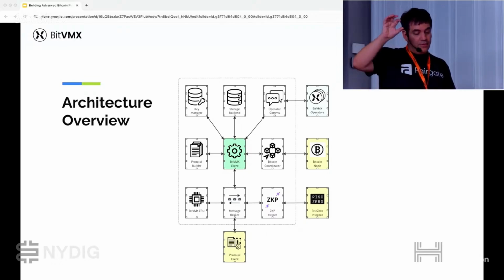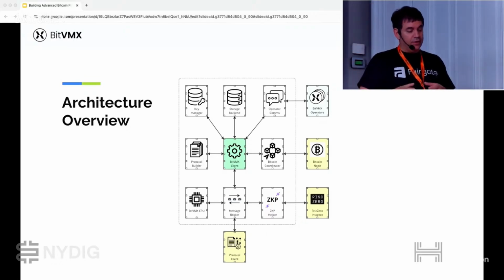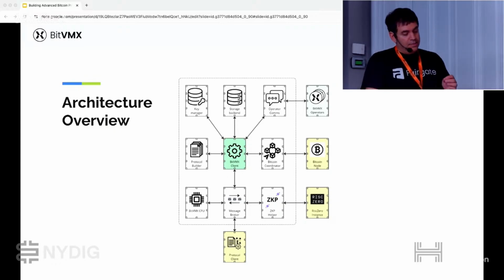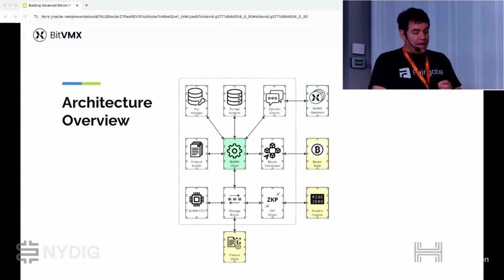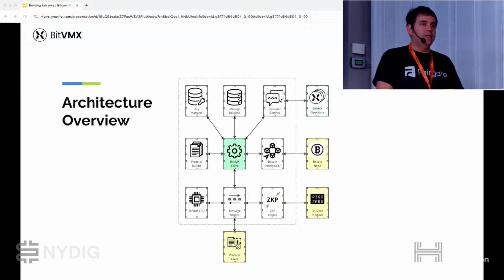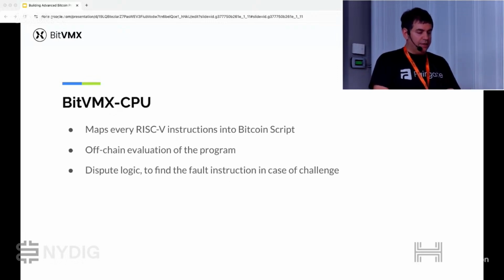On the top right, in light green, is the rest of the operators. In the center we have the whole BitVMX instance controlled by the BitVMX client, and around it are the rest of the components for communication and the key manager. We will see those in detail.